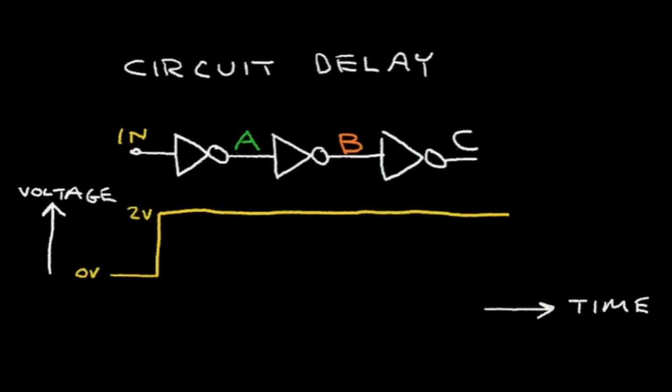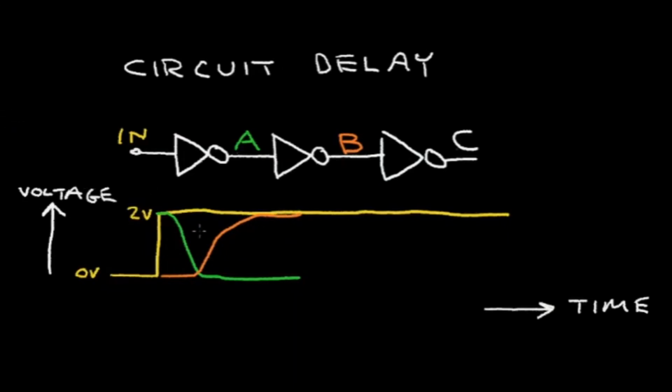Let's analyze what happens at node A. As the input to the first inverter switches high, the A signal will transition to a 0 level and it'll stay low. And when the A signal switches, the B signal can switch to a high level. So the B signal will start out at a low level and it will switch to a logic 1 level and stay there.